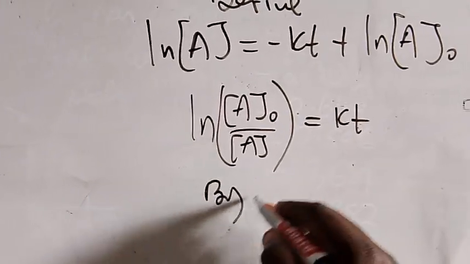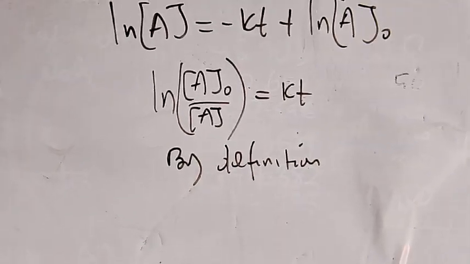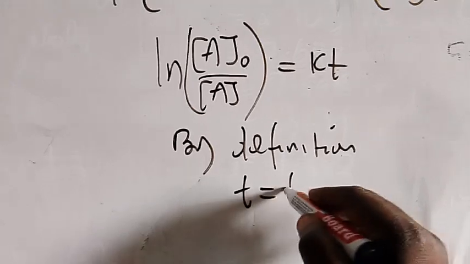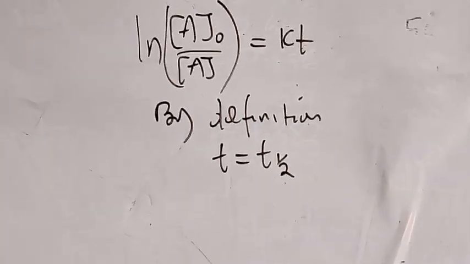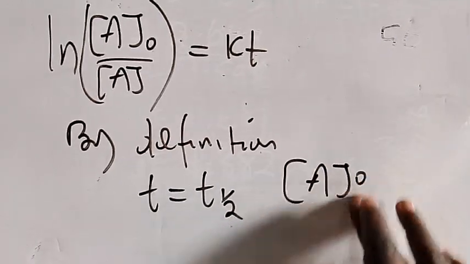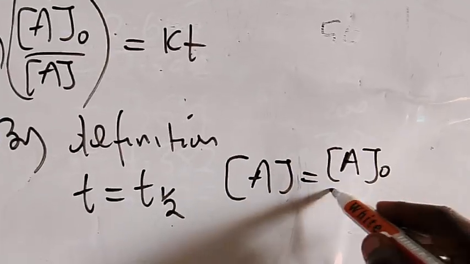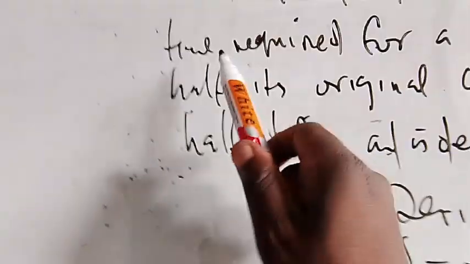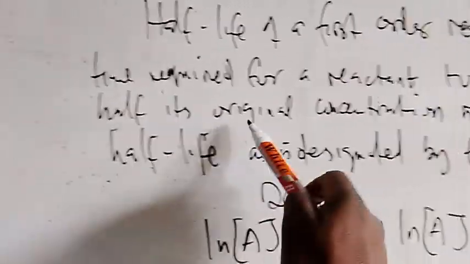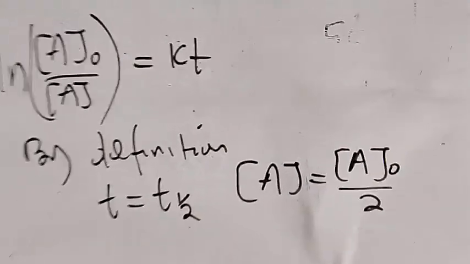By definition of half-life, t is equal to t half, then A is equal to A initial over 2. This is the time required for the reactant concentration to reach half its original concentration, so you divide by 2 since it's half.